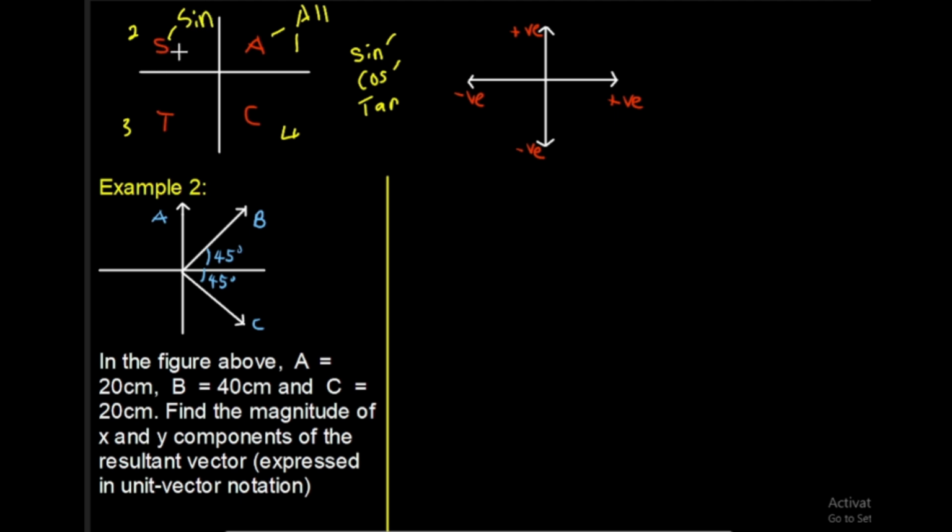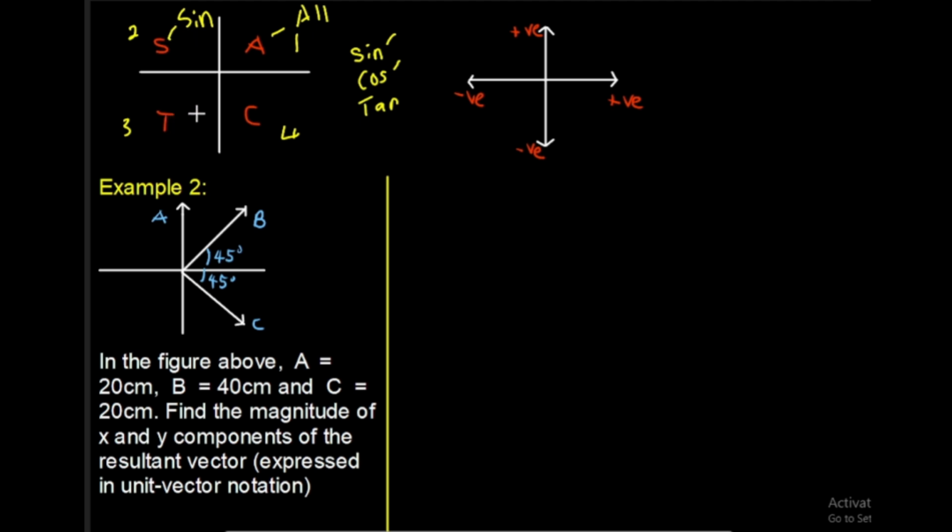That's only sine is positive in this quadrant. That's in this space here. Only sine is positive. So if we have a vector falling in this space between this line and this line, if we are resolving vertically, that's using sine, the vector is going to be positive. But if you are resolving horizontally, that's using cos, the vector is going to be negative because only sine is positive in this quadrant.